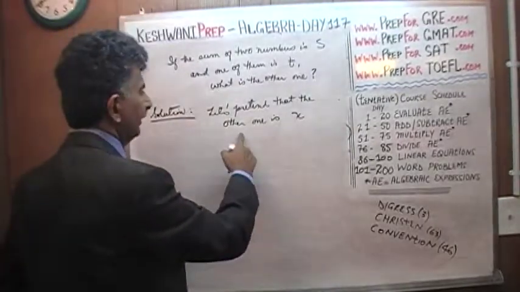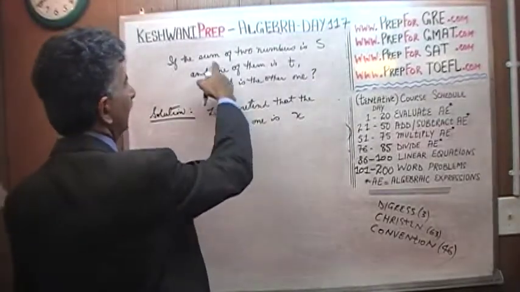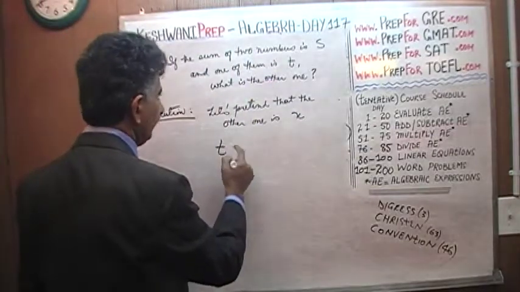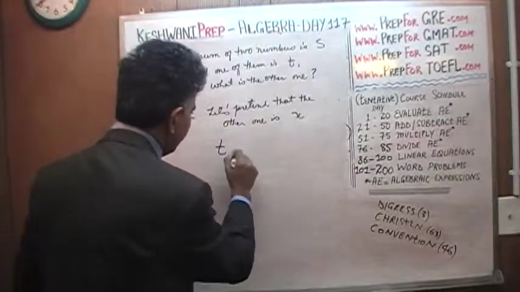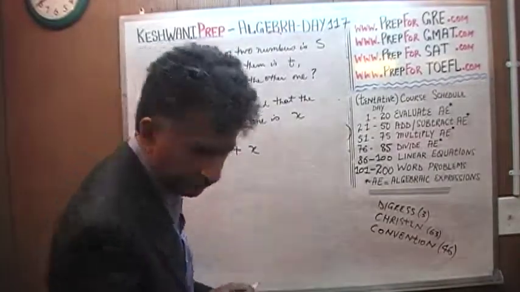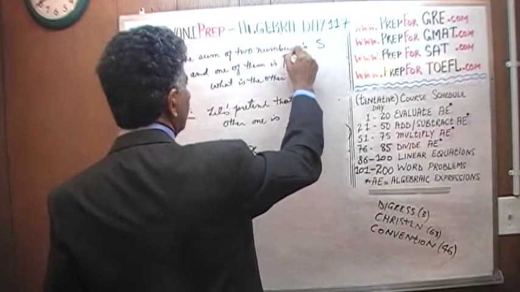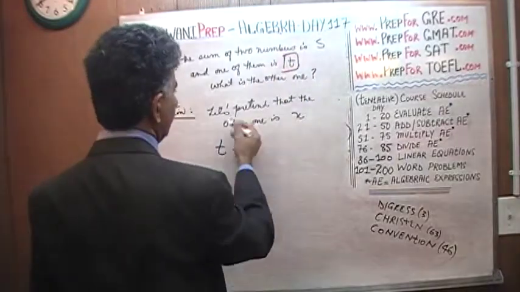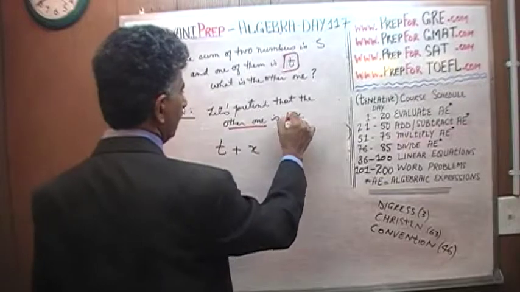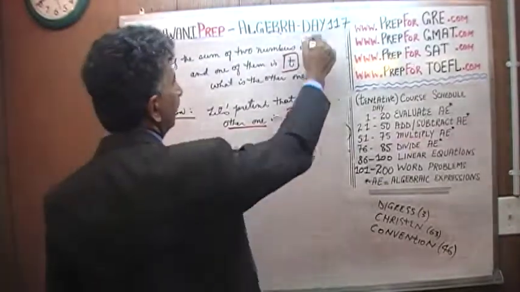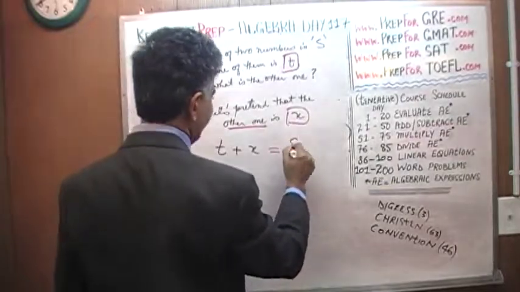So let's pretend that the other one is X. We are told that the sum of these two numbers, one of them is T and the other one we are calling X. So T plus X must equal the sum, which we are told is S.